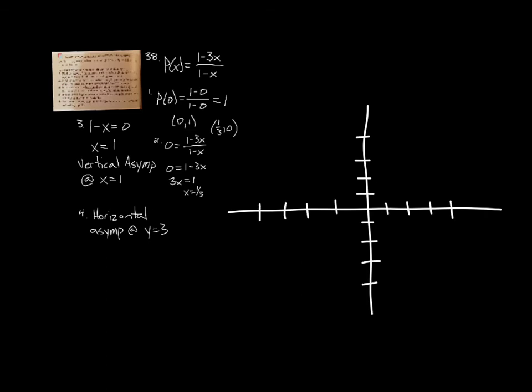All right, so let's start with, let me put the vertical asymptotes on first. So we have x equals 1, so we have a vertical asymptote right here. We have a horizontal at 3.